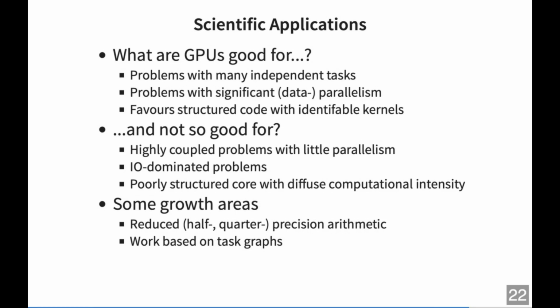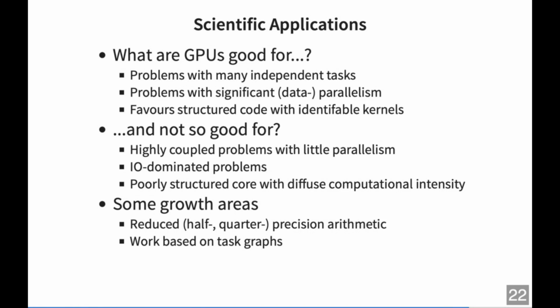If you have a problem that cannot be decomposed into many independent tasks, you may struggle to find effective use of a GPU. That's just the way it is. It may mean you have to completely rethink the way you look at your problem and how you approach it, or what algorithm you use.